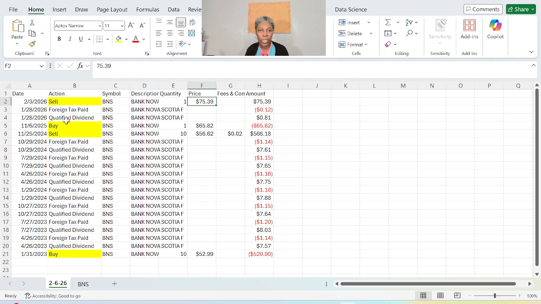If I select those two, we made $9.57 profit from it, and we earned 81 cents in dividends in the meantime, and we paid 12 cents out of that 81 cents to Canada. In total, we made $10.26 for buying and selling it within 3 months, and we only bought 1 share.